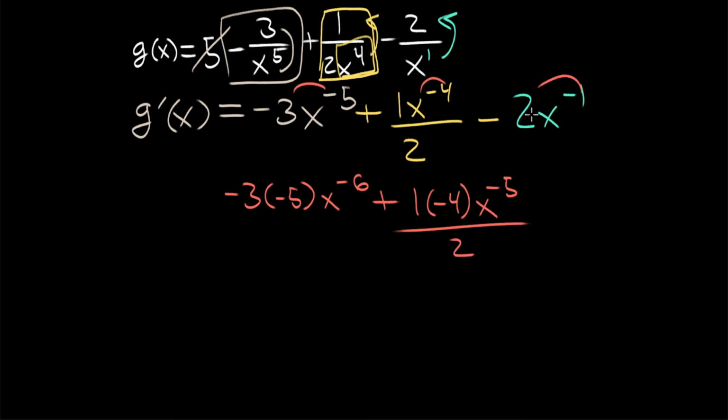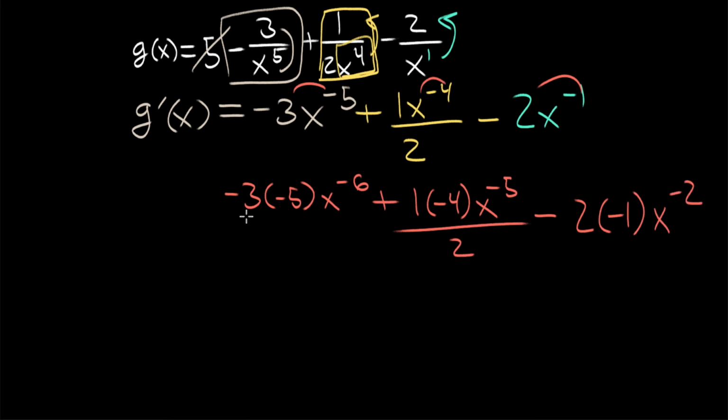And here we have minus, -1. Just bring the -1 down. So we could just solve this now, but I'll just do -2, -1, and x to the -2 right here.